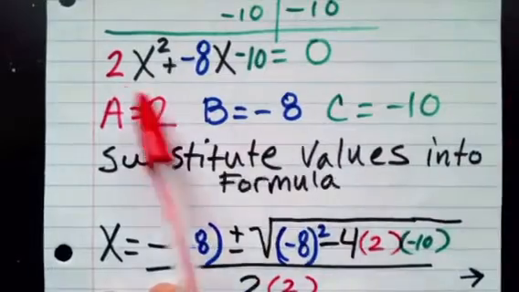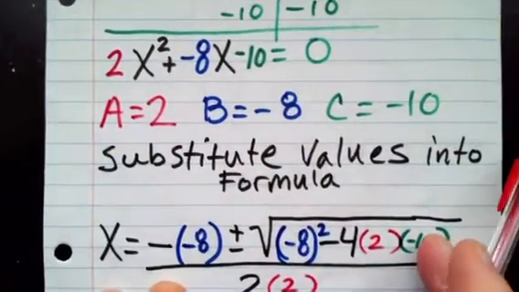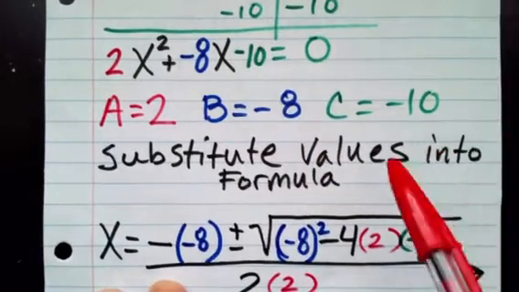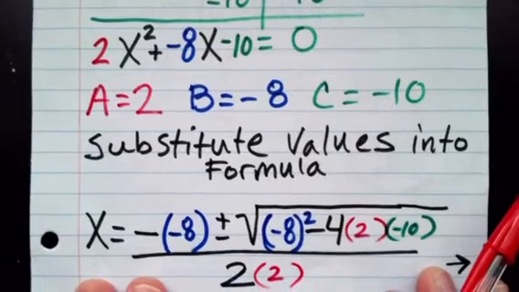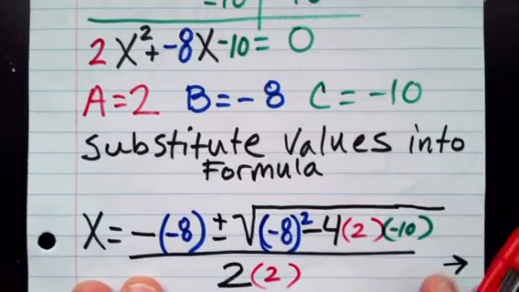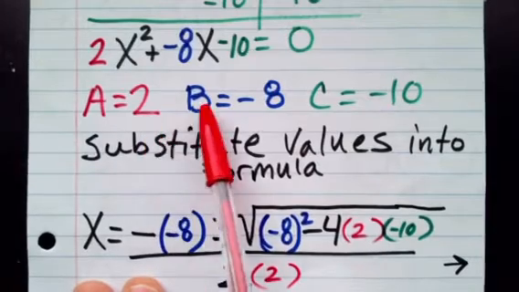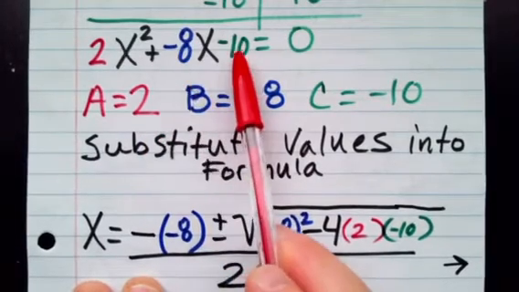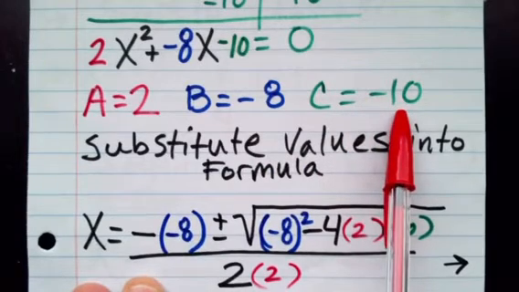Now we can take this term on the left side and factor it, setting it equal to 0, right? x equals x plus or minus a number equals 0. Traditional factoring. All right, so the a value is the 2 in front of the x squared. The b value is the negative 8. And you can see here now the c value is negative 10.